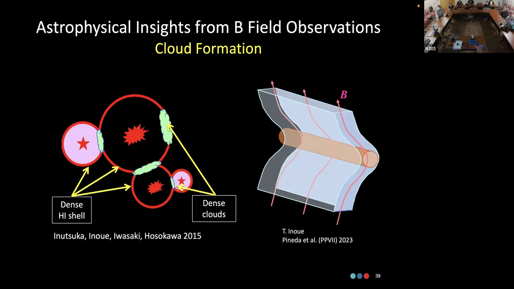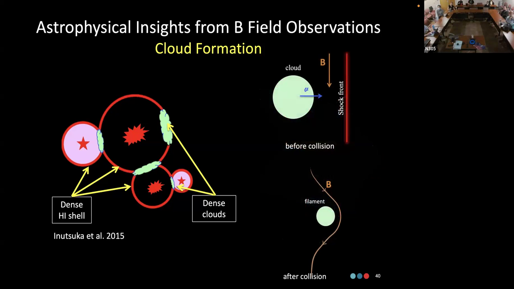So as a result, we would have a dense filamentary structure formed and a bent magnetic field, and the filament is formed at the location of this bending. So when we look at the velocity information and all the magnetic field information, we found it consistent with this cloud formation model. So we looked to see if we can explain this with observations.